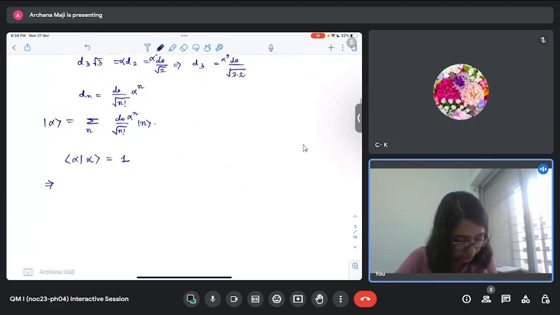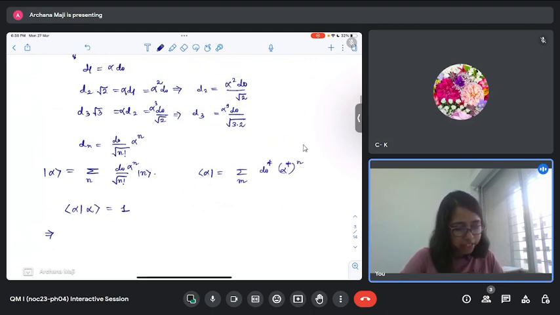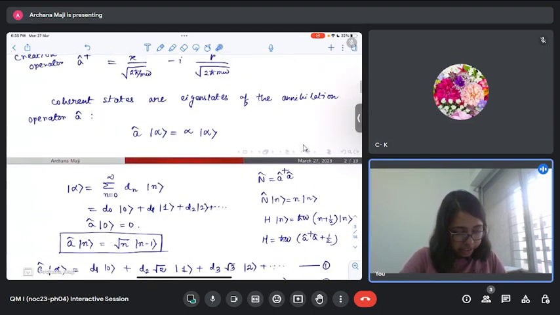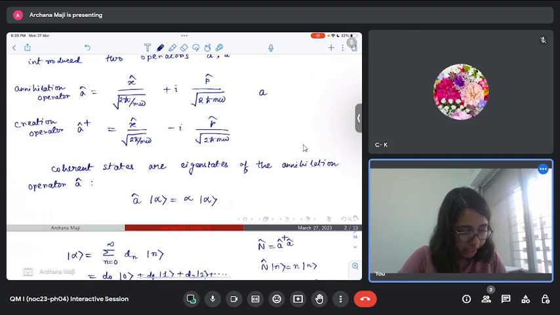So let's do that. So this is the kth vector. The dual vector will be, let's use a different dummy variable, d0 star. Now alpha star. Why am I doing alpha star? Because remember, these annihilation operators are not Hermitian. So if you do a dagger, you will not get back a.